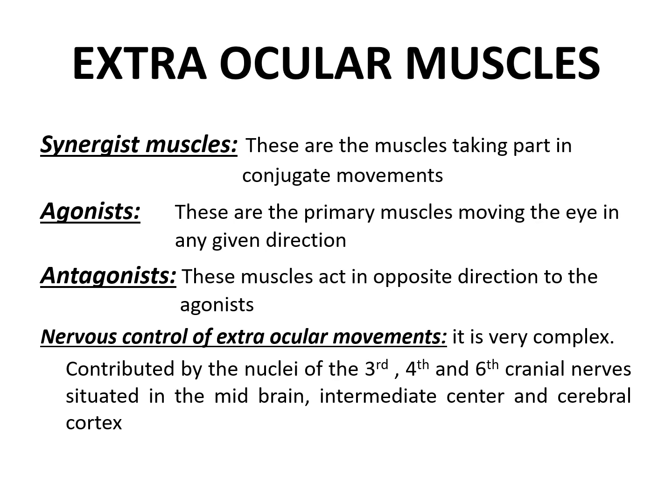So this nervous control of extraocular movements is a complex matter, contributed by the nuclei of the third, fourth, and sixth cranial nerves situated in the midbrain, intermediate center, and cerebral cortex. Next slide, please.